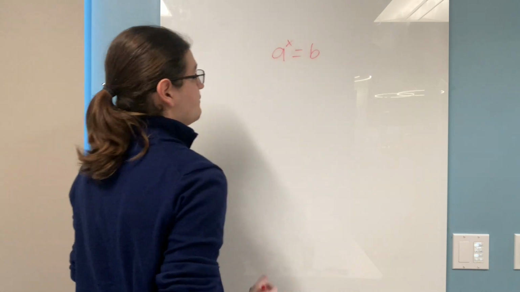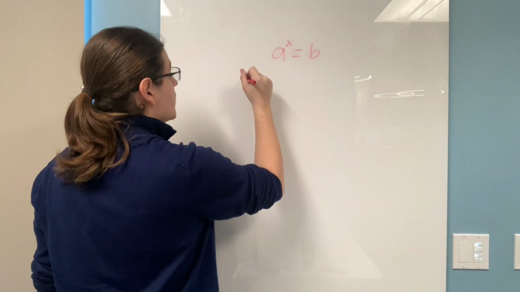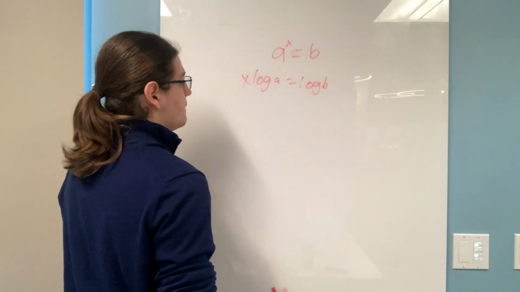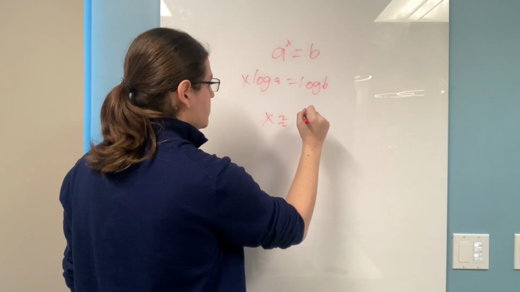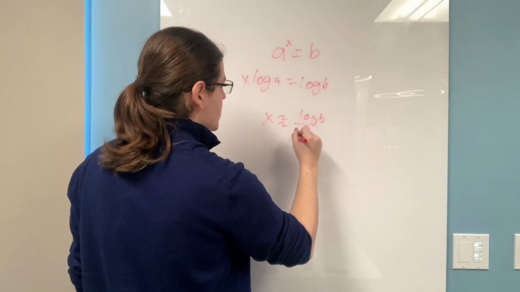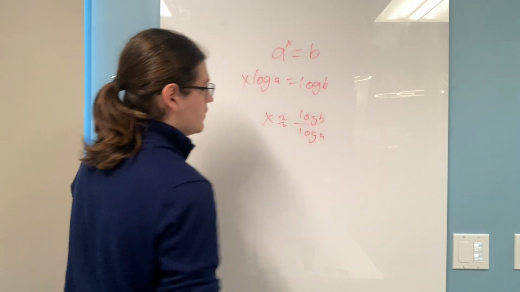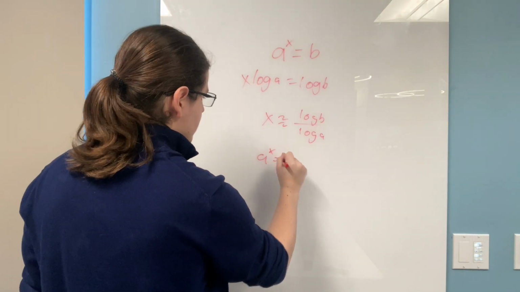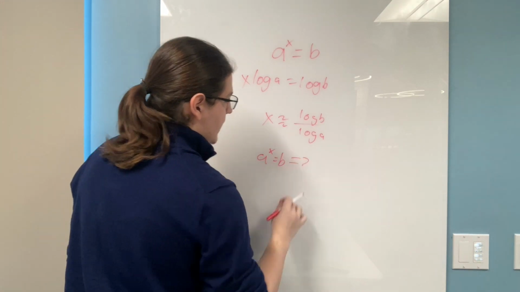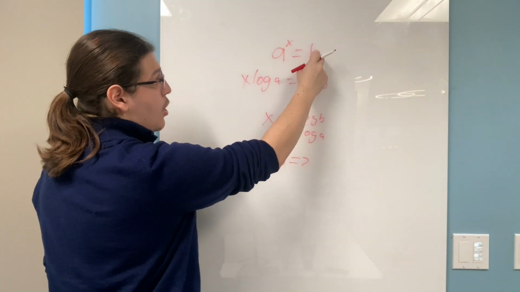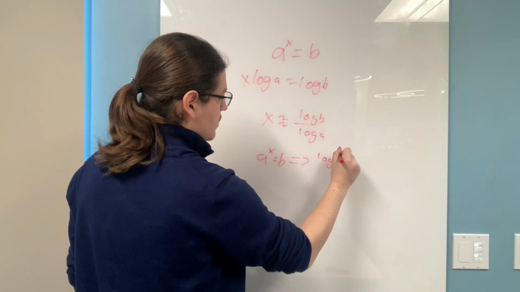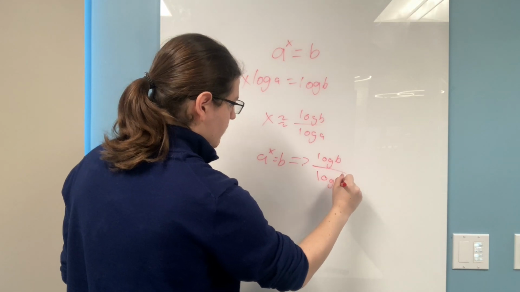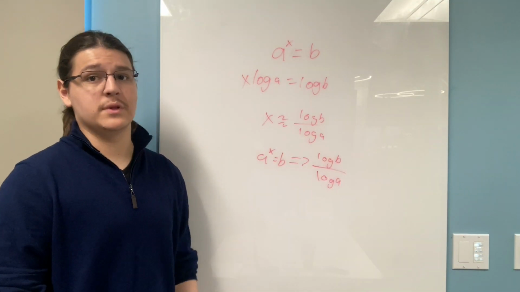But if we took the log of both sides, so we're just going to do this again, x log a is equal to log b, and x is just going to be approximately equal to log b over log a. So a to the x is equal to b can just be rewritten as the log of our argument over the log of the base. And that is the change of base formula.